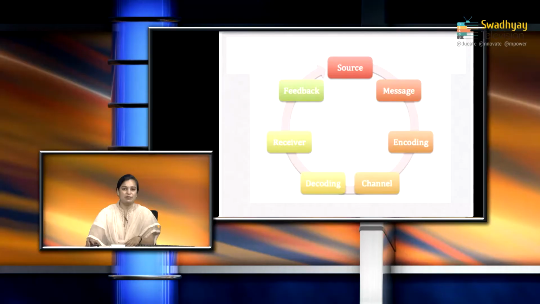The next element which we can see is the channel. Now, what is a channel? An encoded message is conveyed by the source through a channel. That means it is a medium of passing the message.